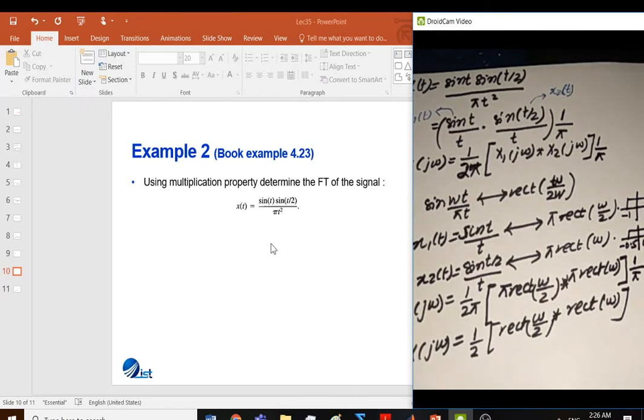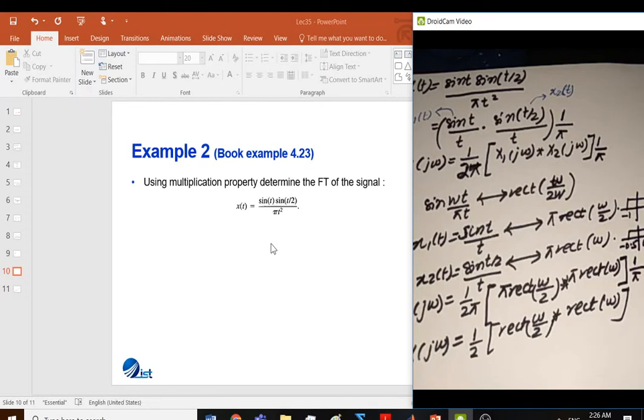So now we have to convolve both these functions to get the expression for X of j omega. We have done convolution a lot of times. I'll just brief you on how to do convolution because the figure in your book is not right.